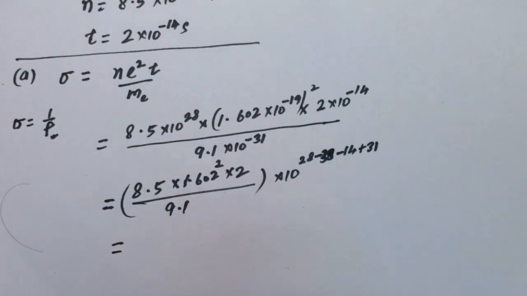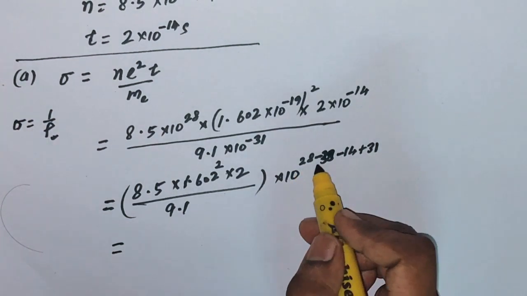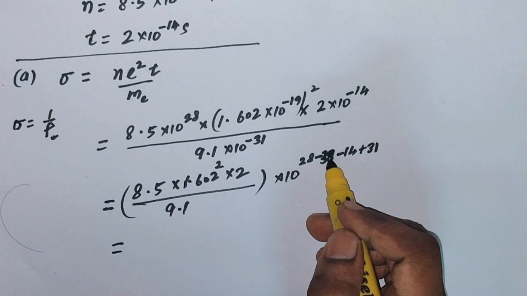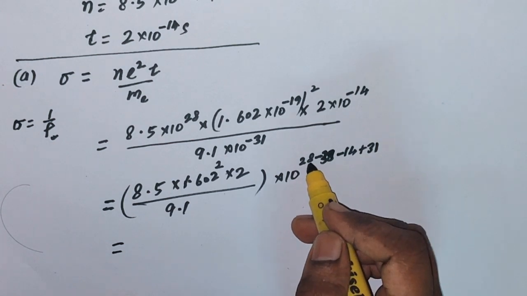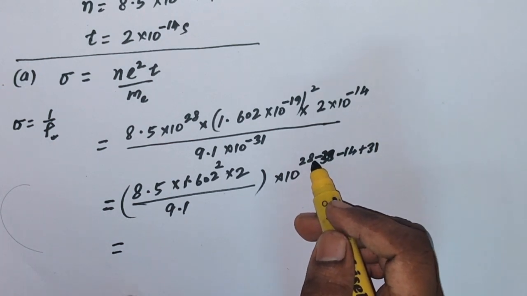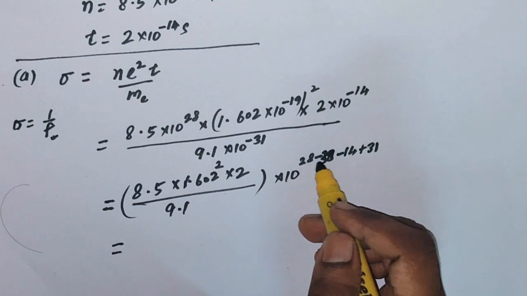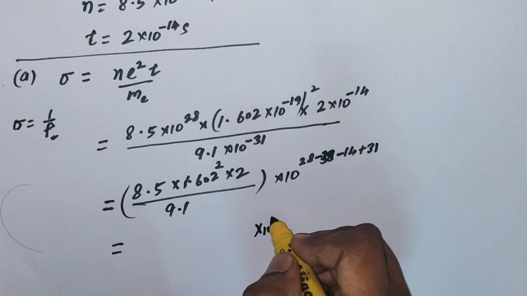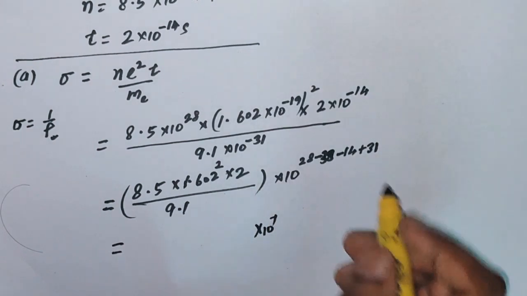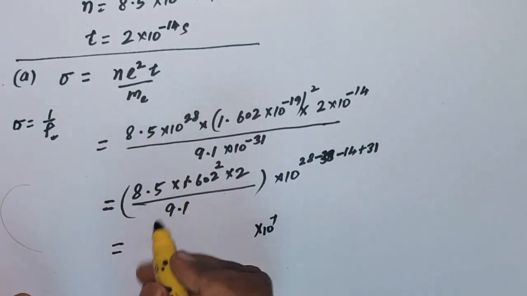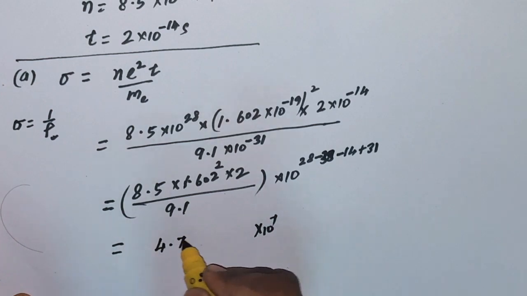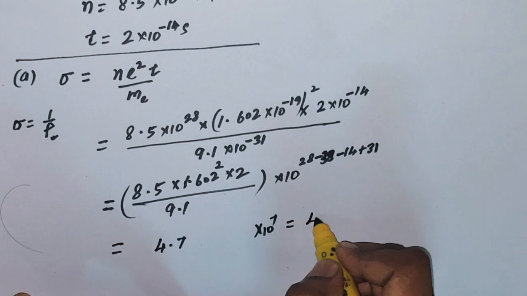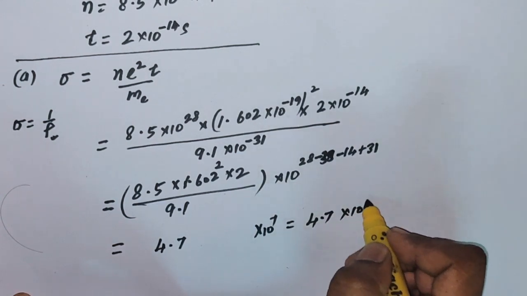If we combine the powers, 28 minus 38 plus 31 gives 21, and subtracting 14 gives plus 7. So it is 10 power 7. Calculating the numbers gives approximately 4.7. So this is the conductivity of the given material, 4.7 times 10 power 7.